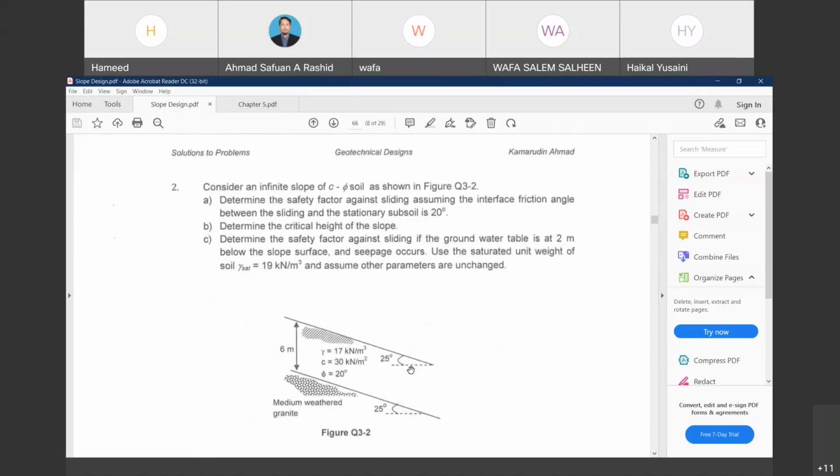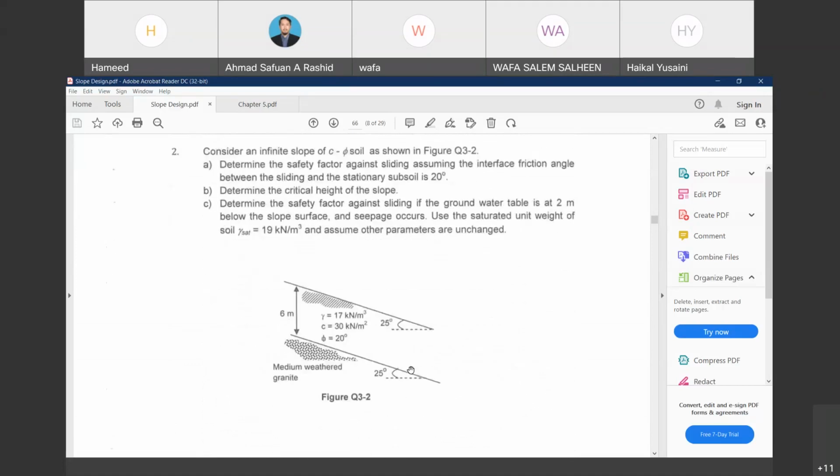So for this example, it has three sub-questions. For the first one, determine the safety factor against sliding, assuming the interface friction angle between the sliding soil and the stationary subsoil is 20. So this is the internal friction angle, phi equal to 20.